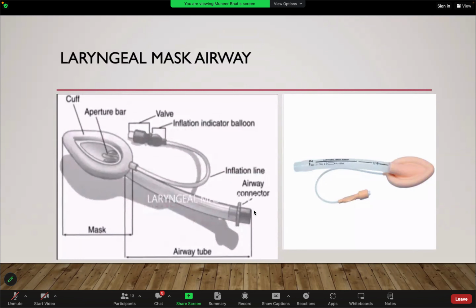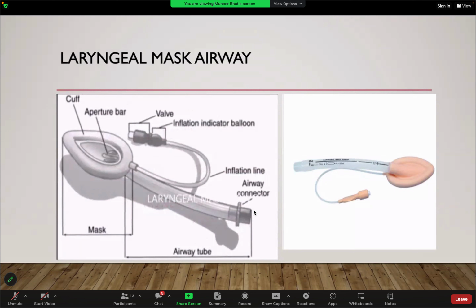If you are posted in the ER or any emergency situation, you can learn within two or three days how to put this laryngeal mask airway. And more importantly, if a patient is not breathing well, or you are not able to ventilate an unconscious patient, you can easily put it and ventilate the patient.